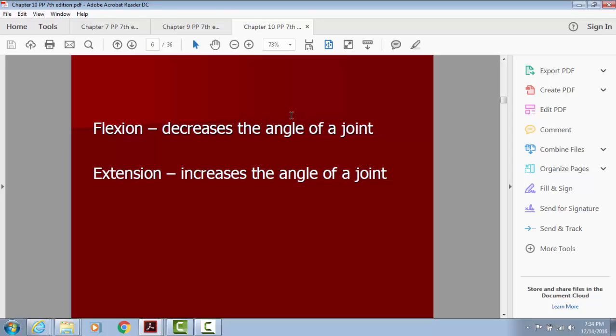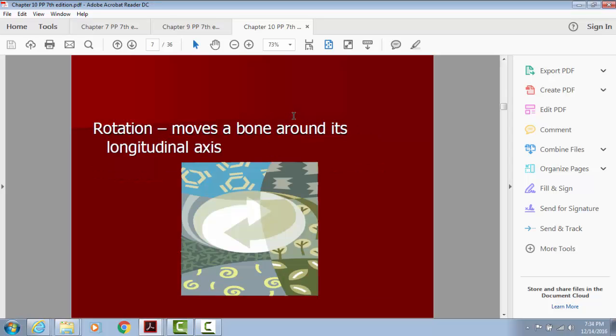So she is extending her arm out fully so that it has a 180-degree extension. Rotation then, at the top of page 301, is moving a bone around its longitudinal axis. So you could move the neck around, you could move the torso around.